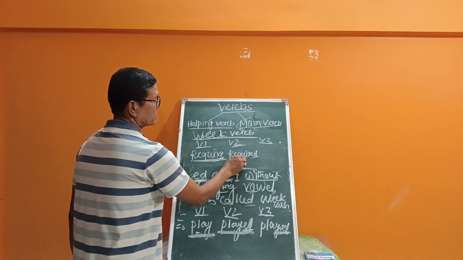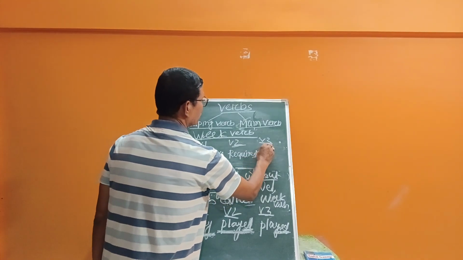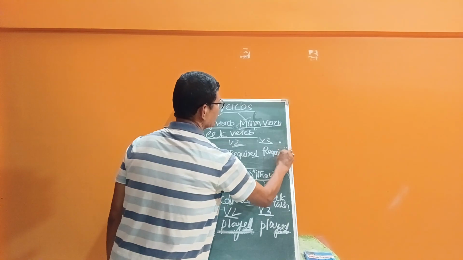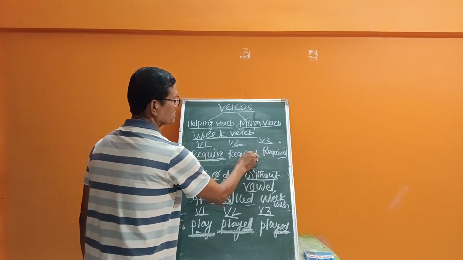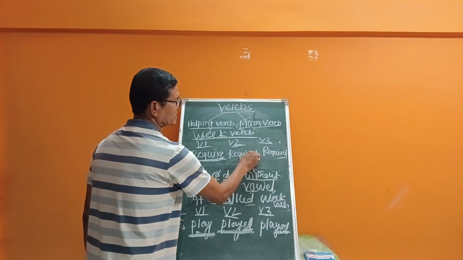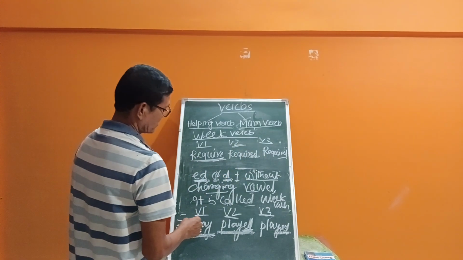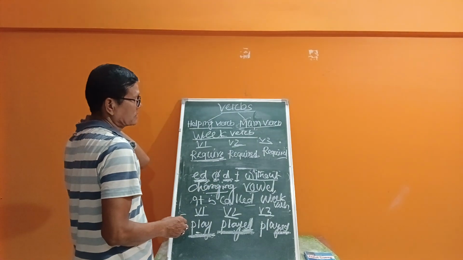Thus we make the past tense by joining d. And the past participle also required, isn't it? It is only the suffix d, because there is already the suffix e. That's why we join only d.